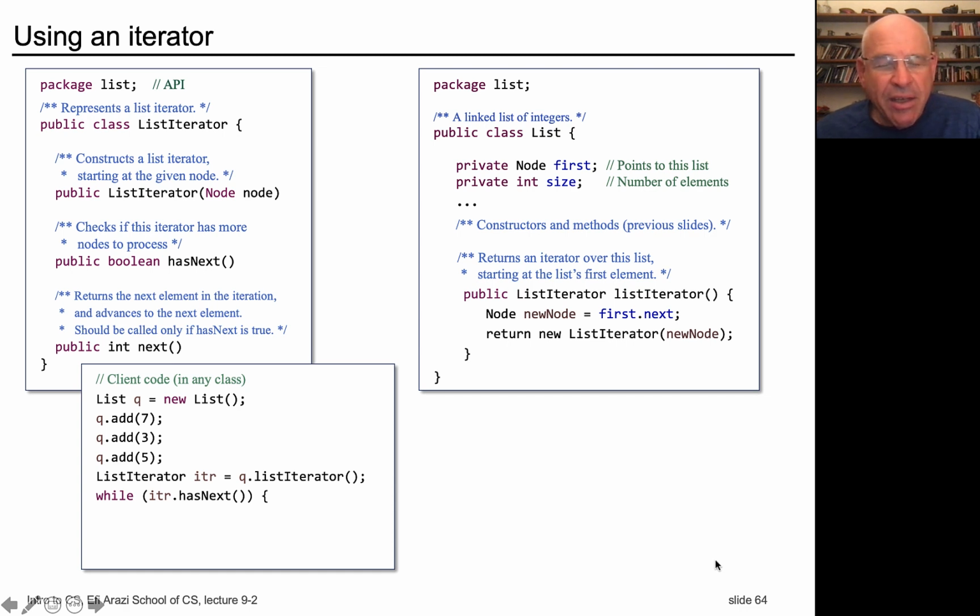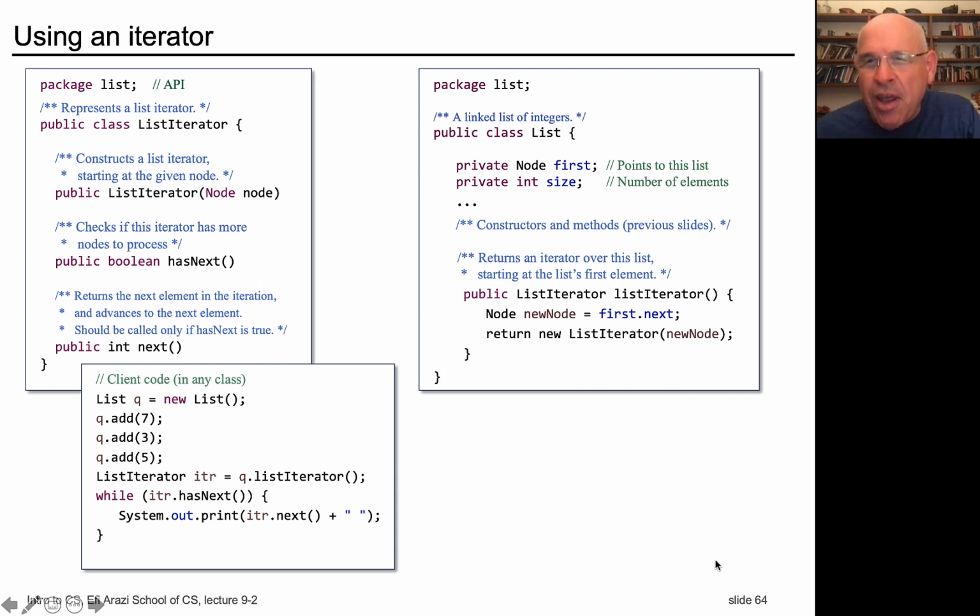So I ask if there are more elements to process, and if so, I print the value of the next element in the iteration and a space, and next is going to move me to the next element, and then I go back to my while. I ask again if there are more elements to process, and so on and so forth.